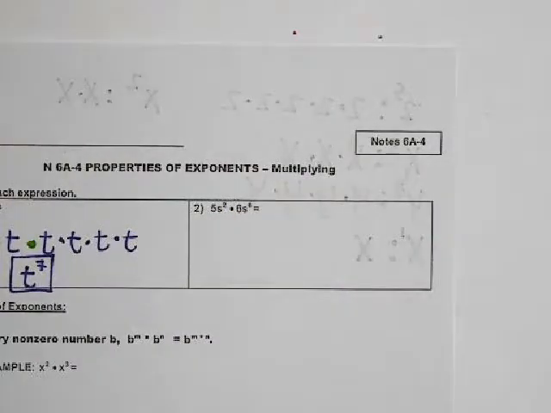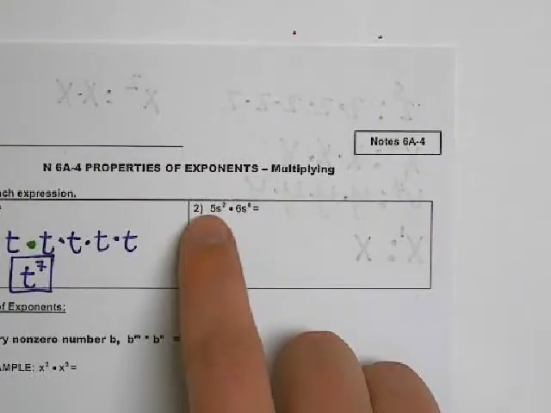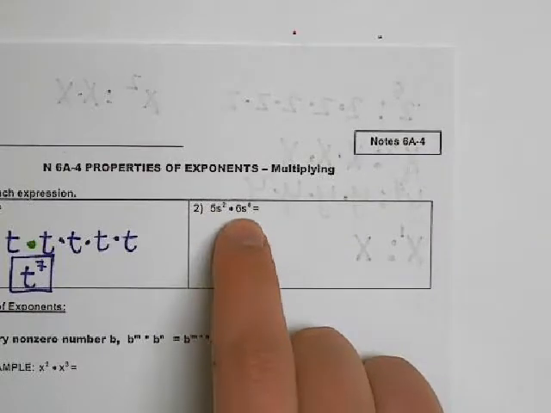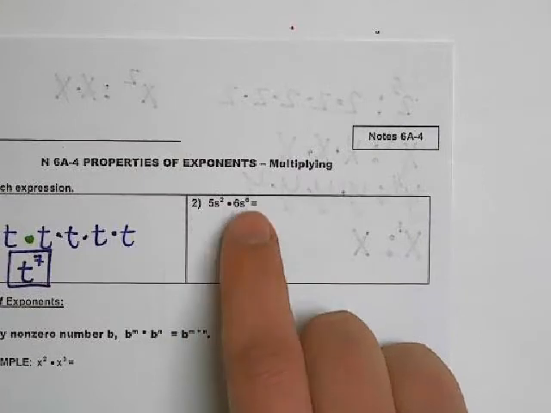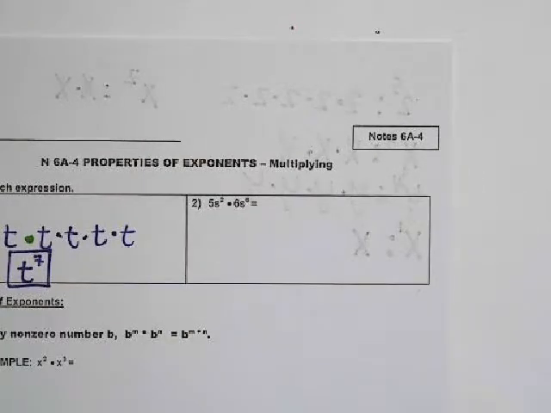Yeah, they're called coefficients. So if it's a big number in front of a variable, like 5 is big in front of s and 6 is big in front of s, those are called coefficients. Today, I'm just calling them big numbers. Then I also have the little numbers, which are my exponents, 2 and 6.